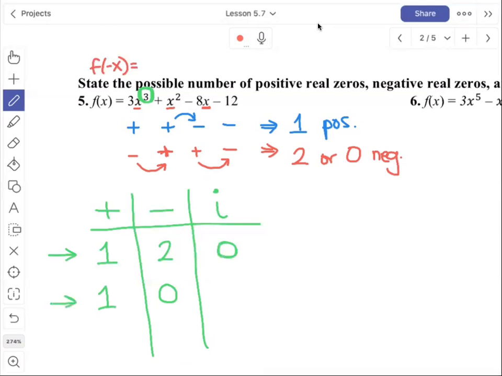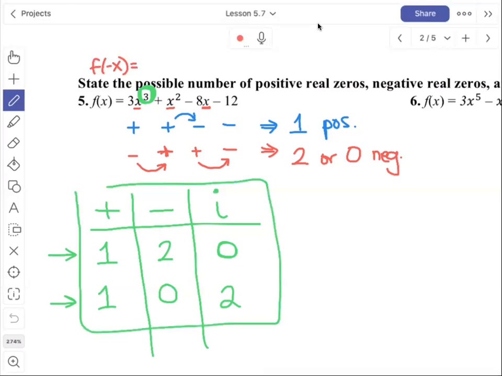But if I have 1 positive and 0 negatives, I must have 2 imaginaries to get a total of 3. I'm okay with you just leaving your answer in a chart like this. So this is your final answer. This means I can have 1 positive, 2 negatives, no imaginary, or I can have 1 positive, 0 negatives, and 2 imaginary. And that's it.